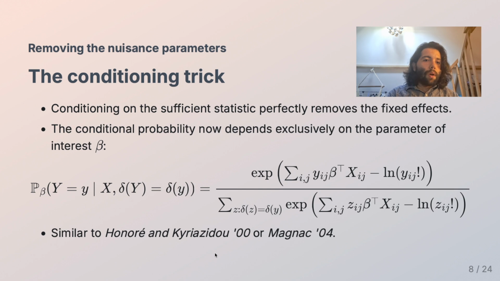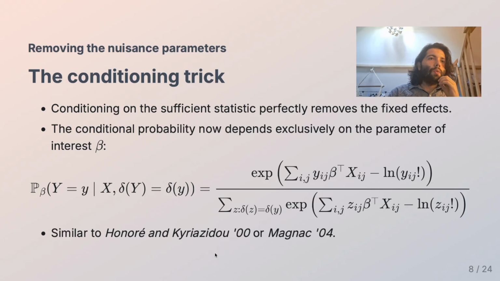There is this well-known conditioning trick: if you have a maximum likelihood and you condition on the sufficient statistics for some parameter, the probability that you obtain does not depend on this parameter.